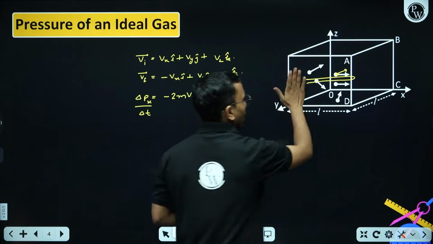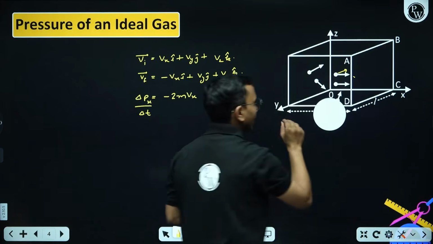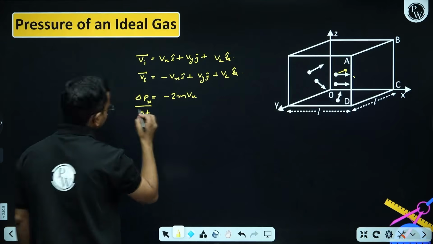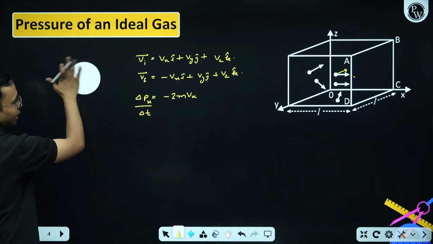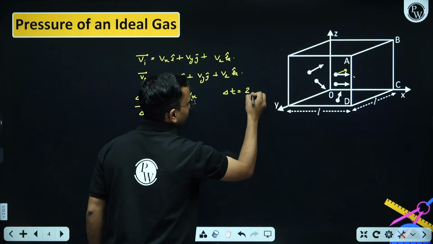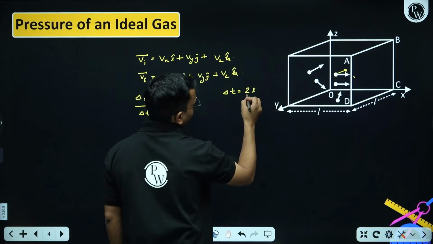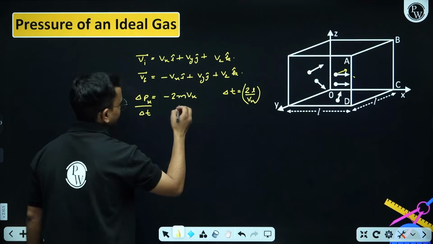So along the x-axis it is traveling 2L length, and in that time it has one collision. So my delta t is basically the length 2L, taking this as a cube of side L, divided by Vx.